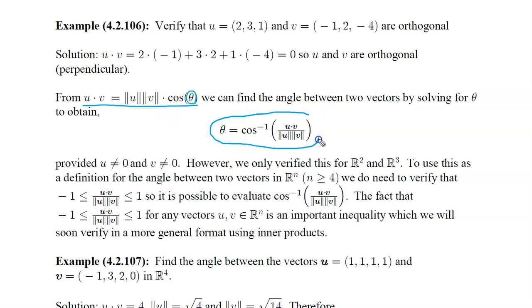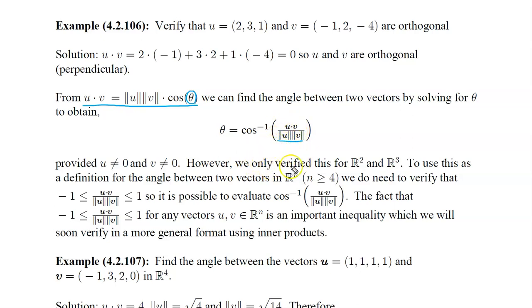Take note, this tells us how we can calculate the angle between two vectors. It's simply the inverse cosine of u dot v divided by magnitude u times magnitude v. So if we evaluate this quantity and then take the inverse cosine, that'll give us the angle between two vectors. That is provided, of course, that the denominator here is non-zero. We have to have this non-zero in order to do this.